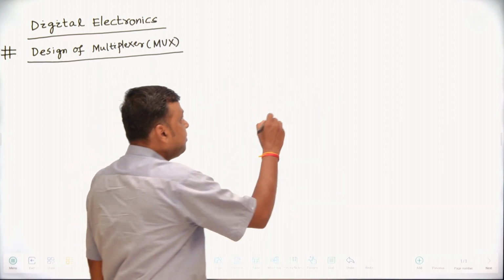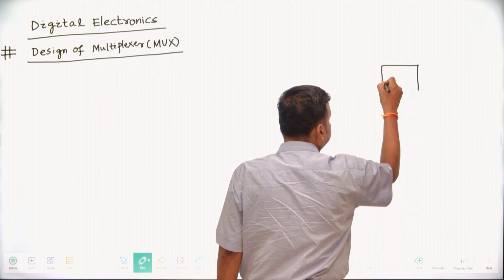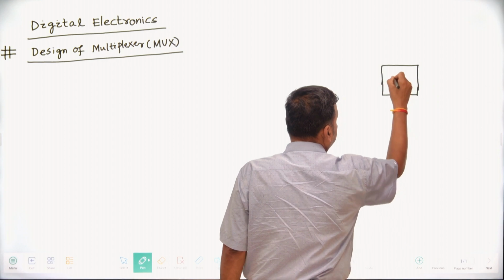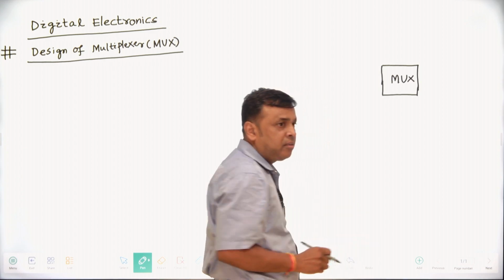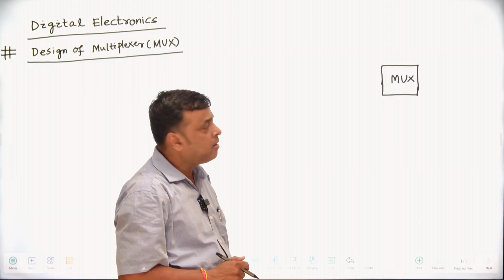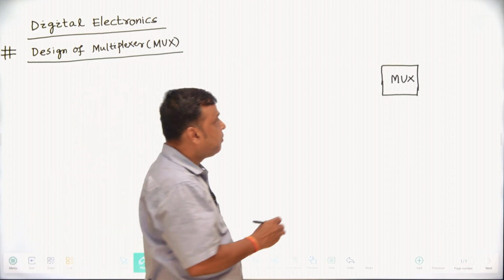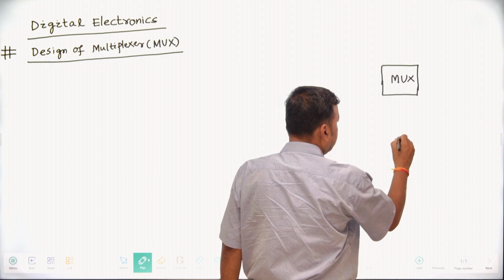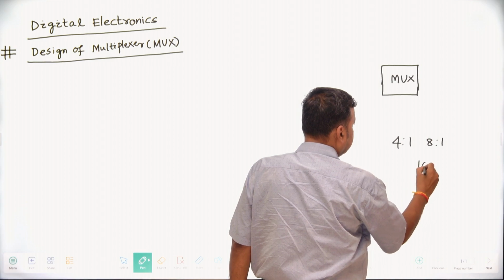Generally, we have discussed in earlier classes how to design a multiplexer. What is the basic principle of a multiplexer? Suppose it is a 4:1 multiplexer. As far as digital logic is concerned, a multiplexer may be 4:1, or 8:1, or 16:1, like this.